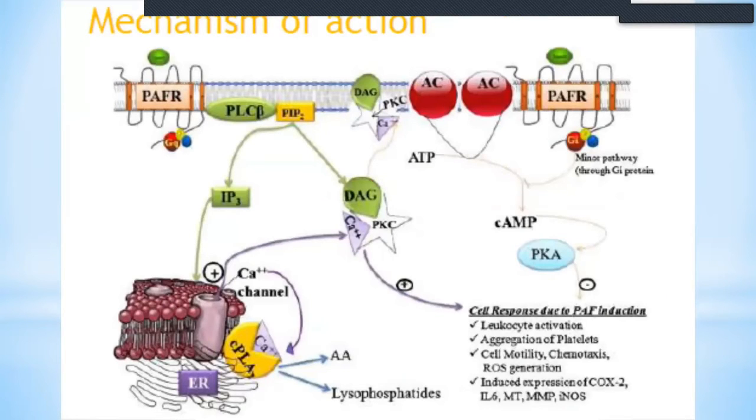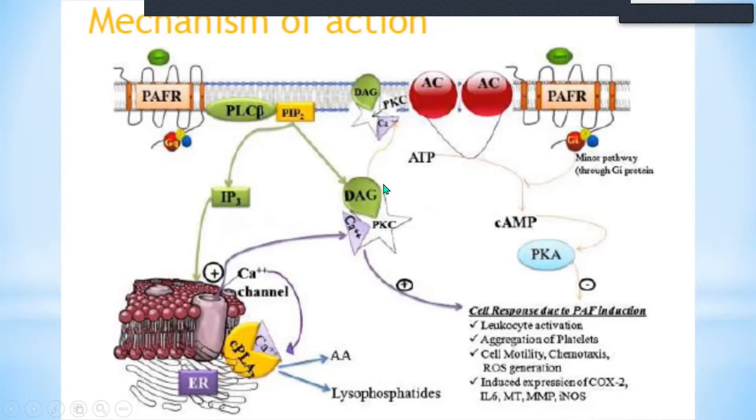And coming to the mechanism of action of PAF: PAF receptors are transmembrane receptors, and phospholipase C is there. Whenever the platelet activating factor binds to the receptor, it initiates the action by a variety of methods. Number one, PIP2 is converted to inositol triphosphate.